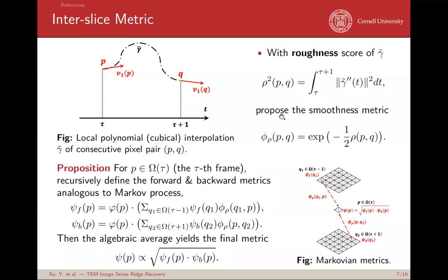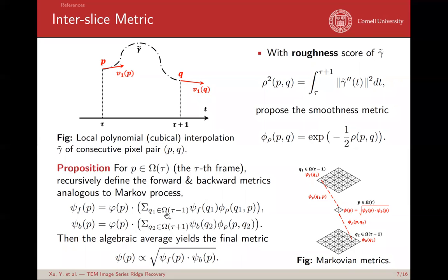The smoothness metric can then be proposed and viewed as the transition probability between the two points. Analogous to a two-sided Markov process, we introduce the forward and backward metric to account for the accumulated transition probability from the very first and very last frame.